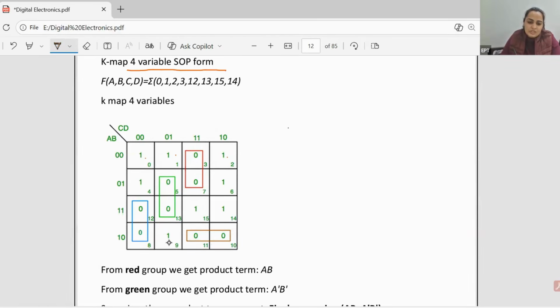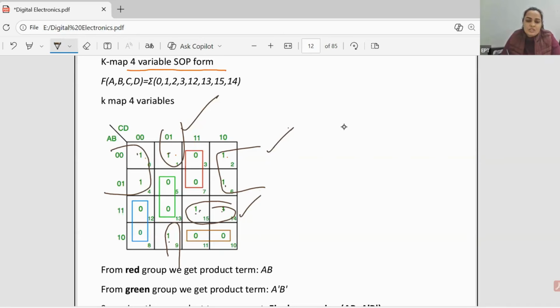This one has no adjacent one, yeah, here we have one, so I will make a pair like this. Now here we have two ones, two ones, so I will make a quad like this. Now we are left with these two ones, so I will make a pair of these two ones. So total 1, 2, 3 terms will be there in the Boolean expression.